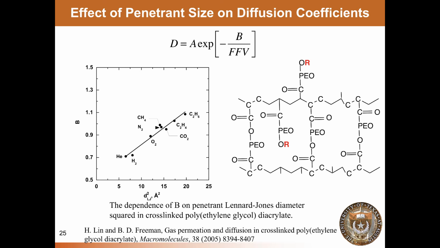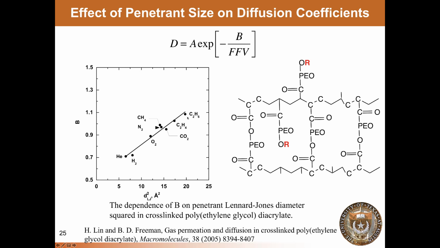And so small gaps are created very frequently in polymers due to the thermal motion of the polymer chain segments. And so there are always, or are very frequently, free volume elements of a size that can accommodate helium and hydrogen.